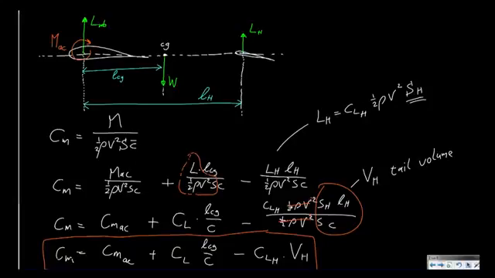Now, what we said is that for stability, this change in moment coefficient due to a change in angle of attack had to be negative. The two things have to have an opposite sign, the change in moment and the change in angle of attack. So the dCM d alpha had to be negative. So we will use this equation to calculate the derivative with respect to alpha.